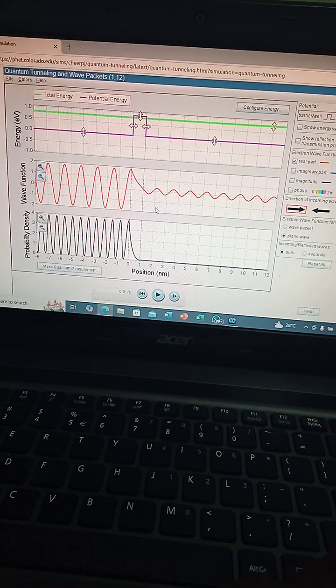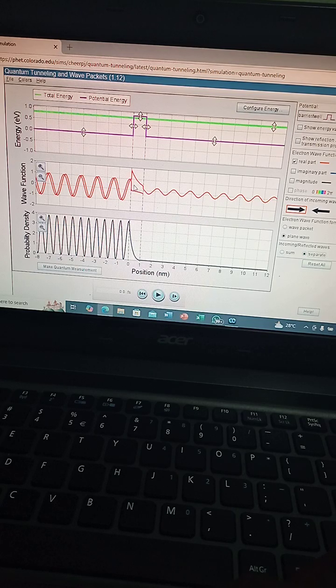Now, if we consider the separate wave functions, as we can see, inside the barrier there are two separate wave functions. Outside, at the right-hand side, there is a separate wave function, and inside there is also a separate wave function. This is telling us that one of the wave functions exponentially decreases.